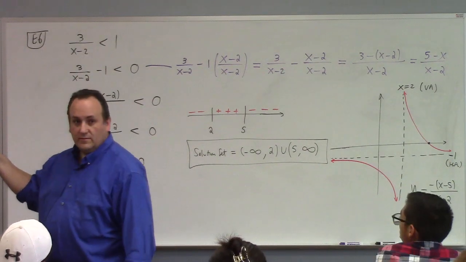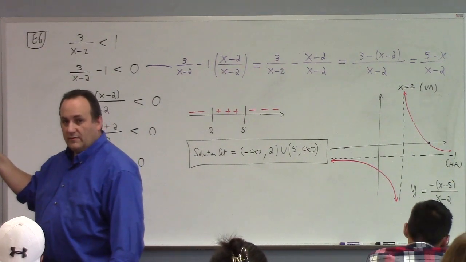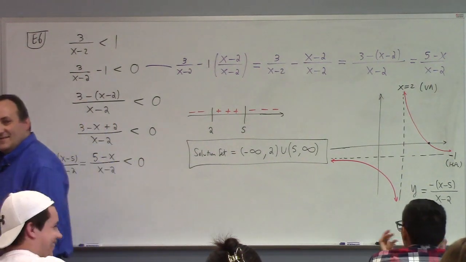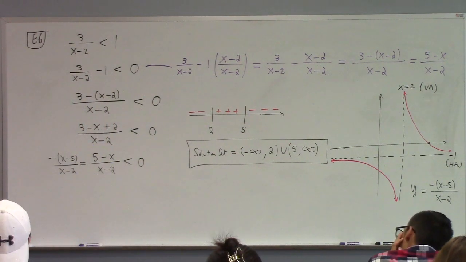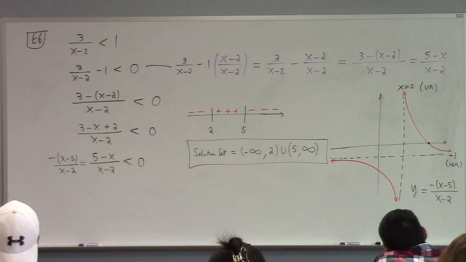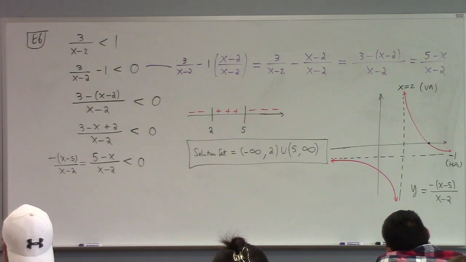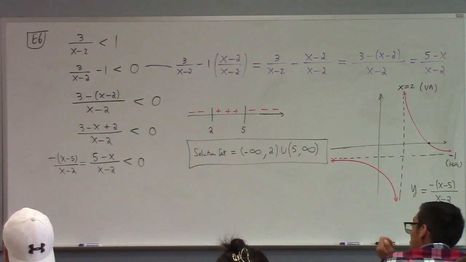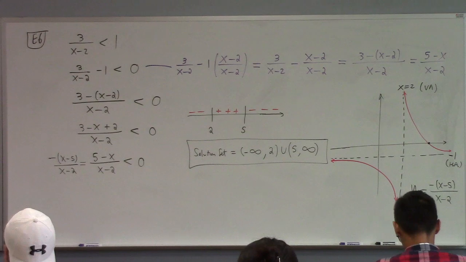Over here? You want me to graph this? No. What? The numbers in the denominator weren't in the solution set, you say? Oh, but they were. Like this negative 3 appeared in the solution set, right? That was from here. And the 0 was from here.